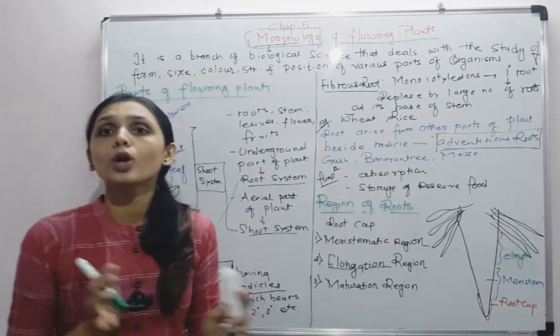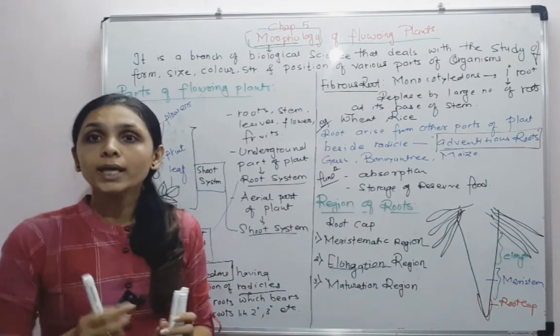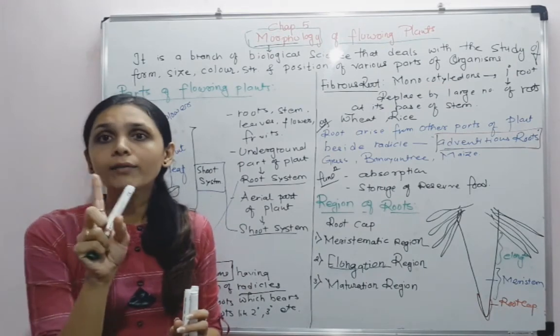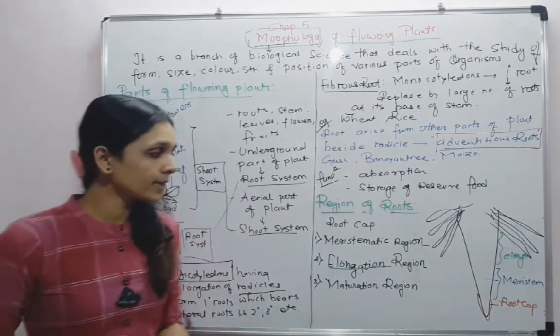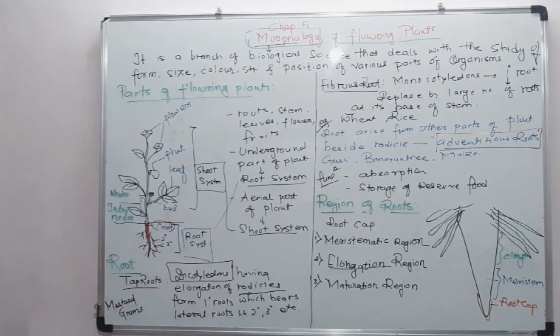The cells will undergo elongation and they will grow in size, right? They do not divide, they will grow up and the size will become more, right? So we can say that the cells proximal to this region undergo rapid elongation and enlargement and are responsible for the growth of the root, right?